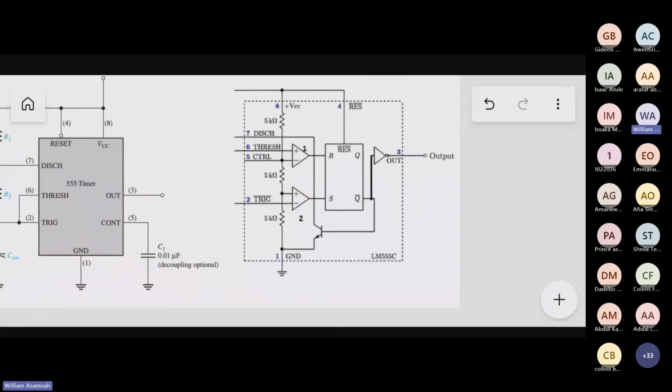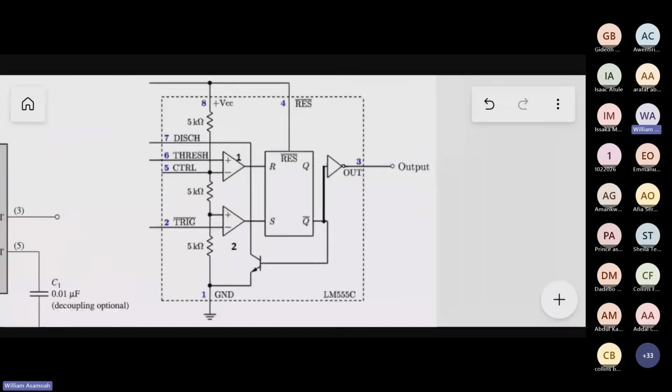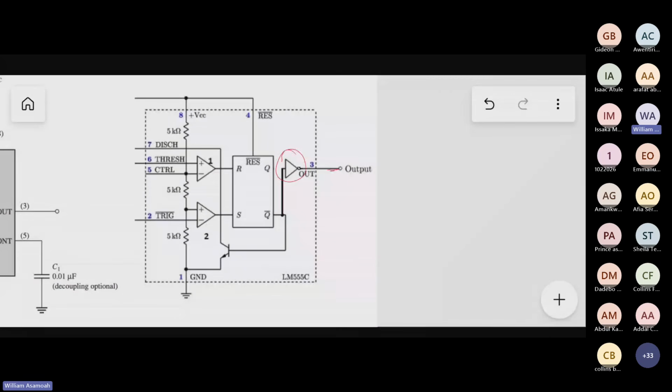So this is how it looks on the inside. If you peel the black box, this is how a 555 timer IC looks. This is the output here. Let me make it brief. This guy here is a NOT gate. If the input is on, it gives an output of off.